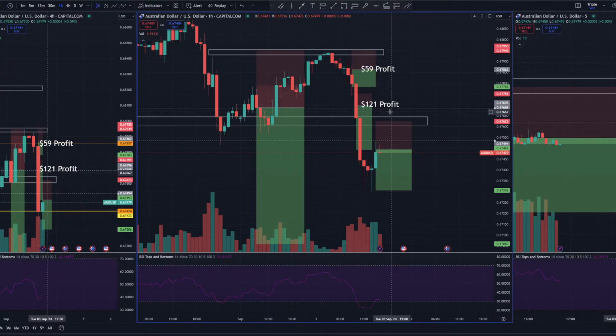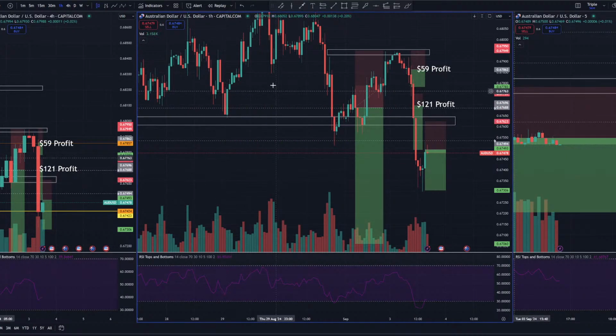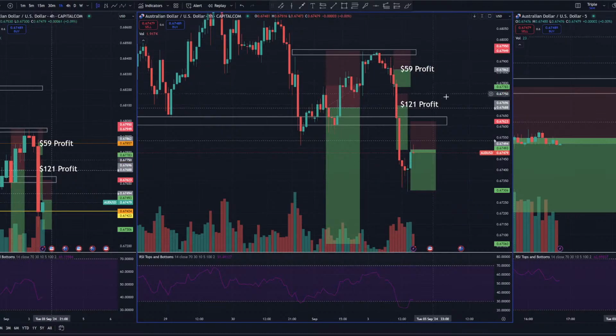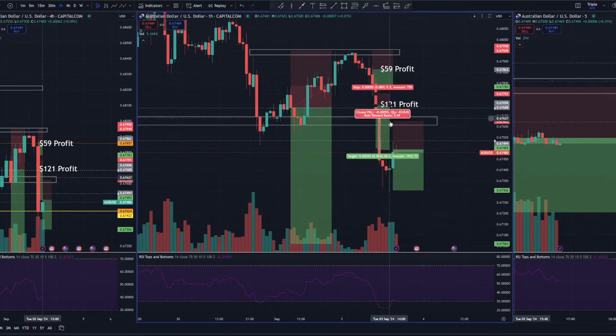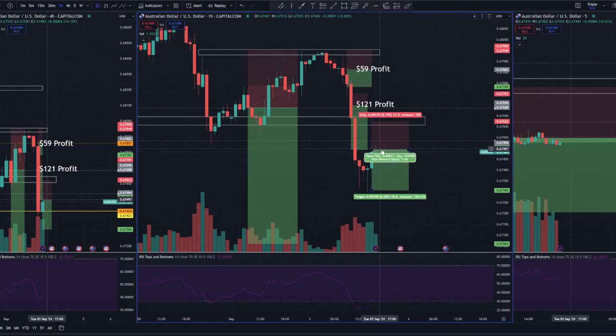That area has been tried before, and in this case this area has been tried here once.